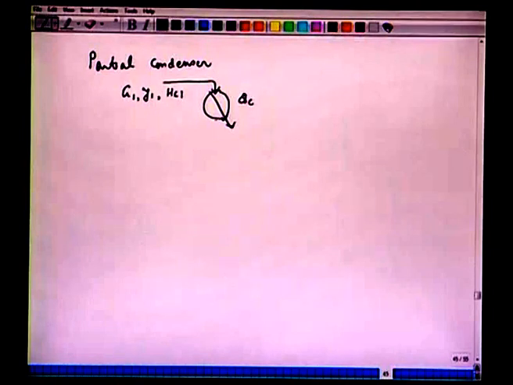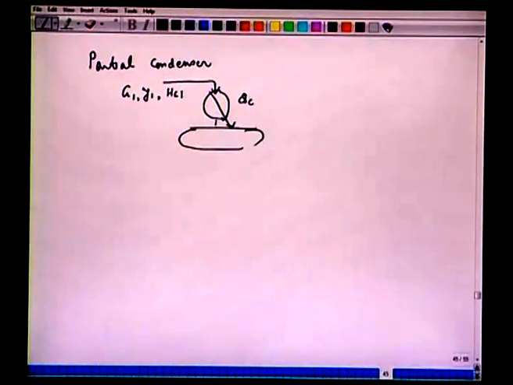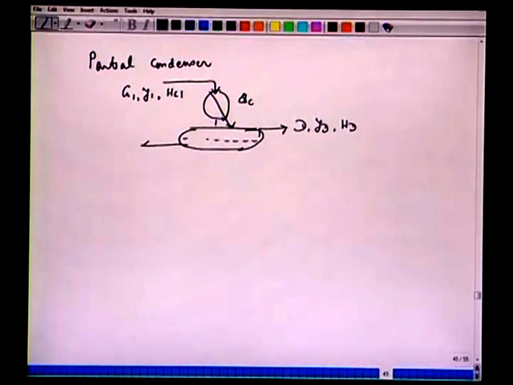Then we showed schematically this separator. The top product which is withdrawn from here is the vapor, so we have D molar flow rate and this YD, enthalpy is HD, and the condensate, the liquid, goes back to the distillation column as a reflux. So we have L0, X0 and HL0.